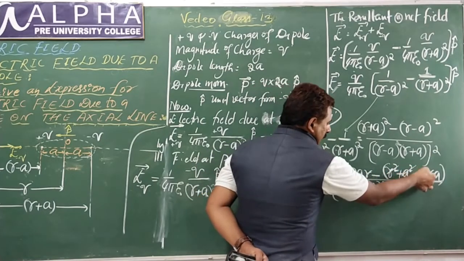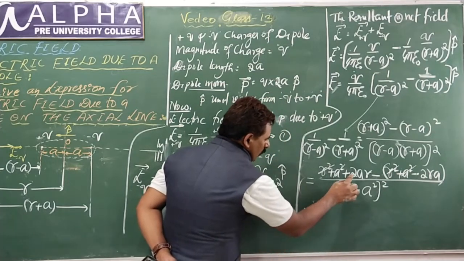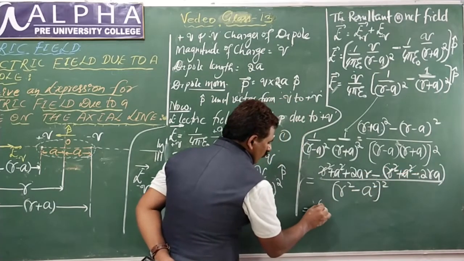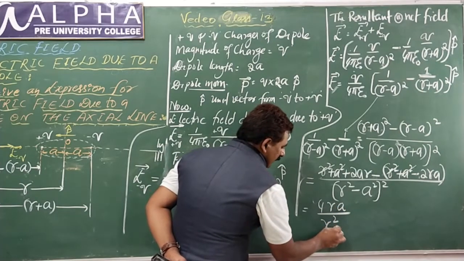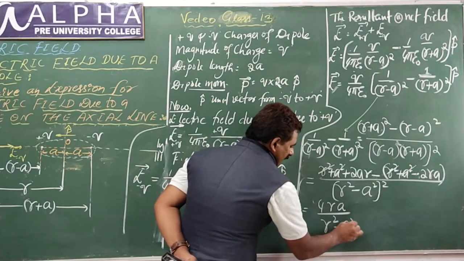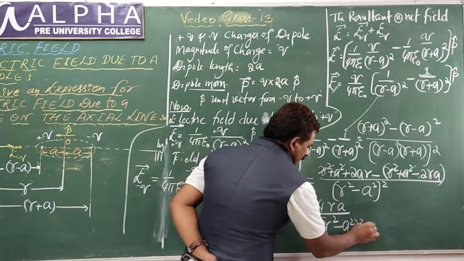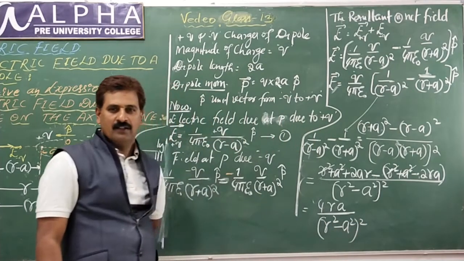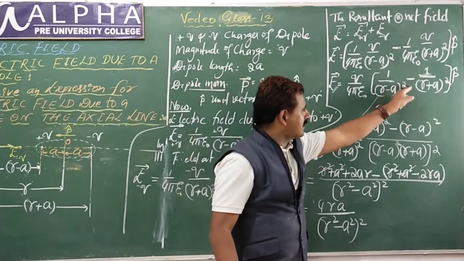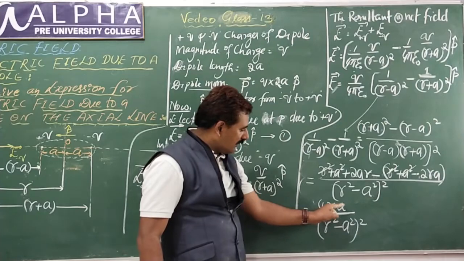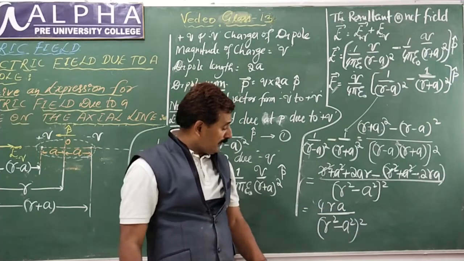Minus of minus is plus, so 2RA plus 2RA. What is that? 4RA divided by R square minus A square whole square. Right, students? What's the value of this term? 4RA divided by R square minus A square whole square.